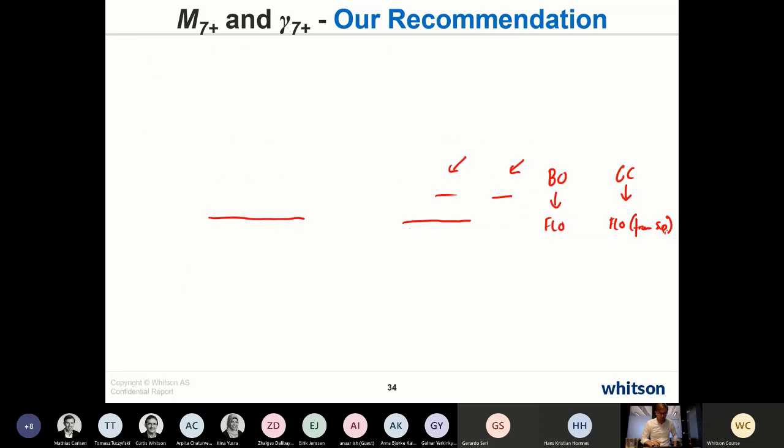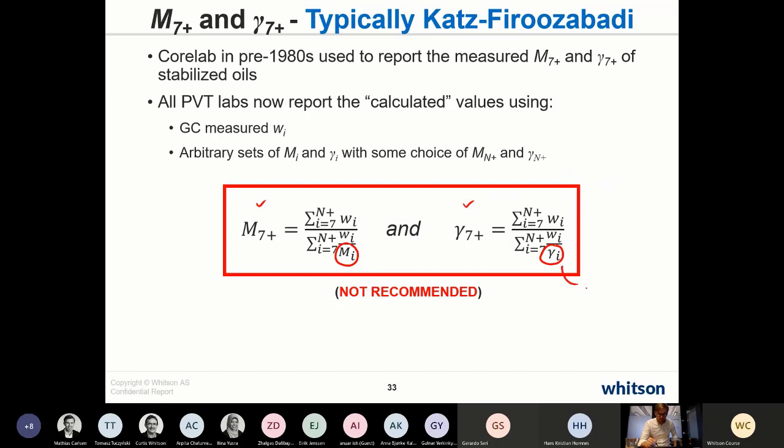And just to highlight the difference again, these terms right here are actually calculated or estimated from some correlation, which is what Katz and Firoozabadi's table is. It's like a correlation, so that's a difference there.